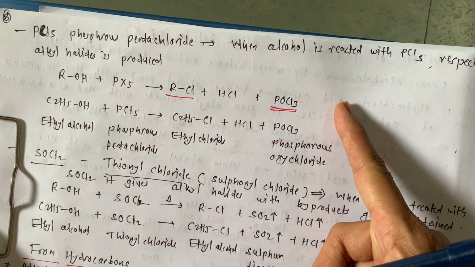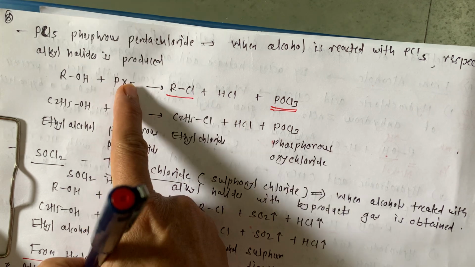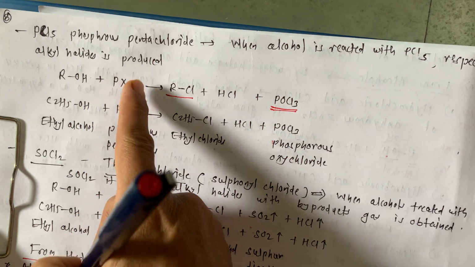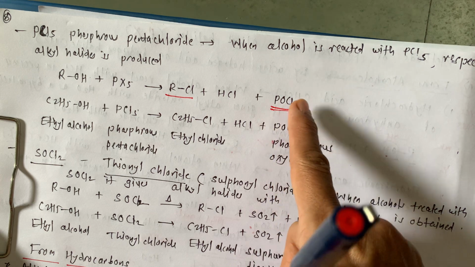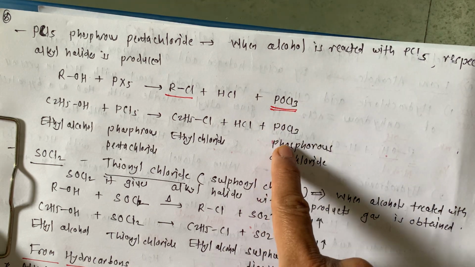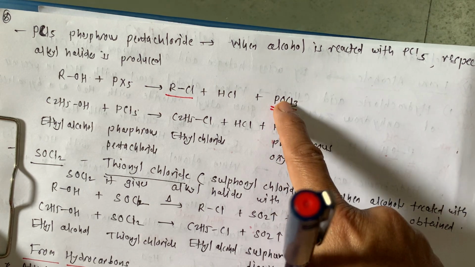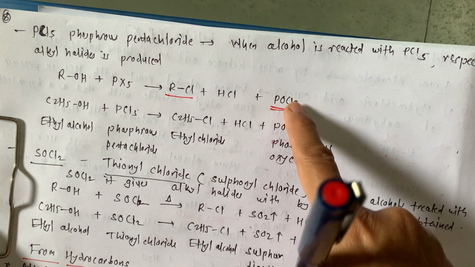You have to remember, when alcohol is treated with pentachloride or pentabromide or pentaiodide, the product is POCl3 or POBr3 or POI3, and this is known as phosphorus oxychloride: P for phosphorus, O for oxy, and then chlorine 3.